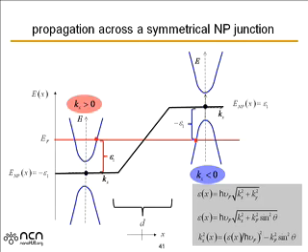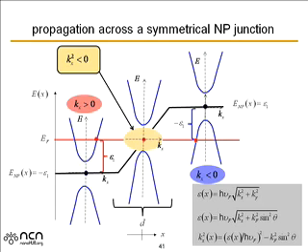But if I look in the middle and ask myself, what is kx? I could solve this equation for kx squared. And you can see that as you go into the depletion region, epsilon of x is going to get smaller and smaller, and right in the middle it's 0.